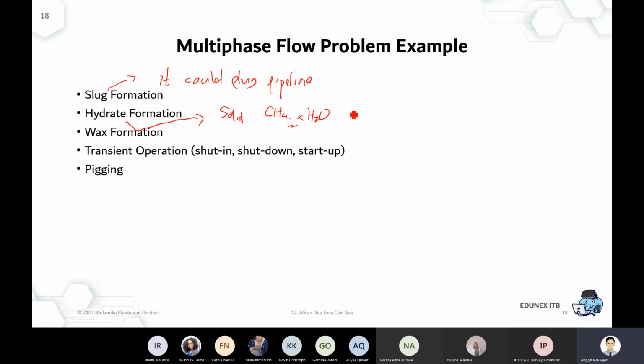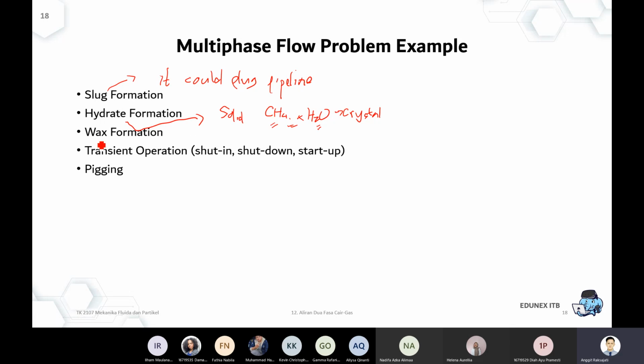So that's like a crystal that also could cause a problem in a multi-phase flow pipeline. So when we have a methane natural gas flow, for example, working in a very small temperature, and then we have some impurities of water that could form a hydrate that cannot be solved in a conventional standardized fluid mechanics calculation because it's a multi-phase flow now.